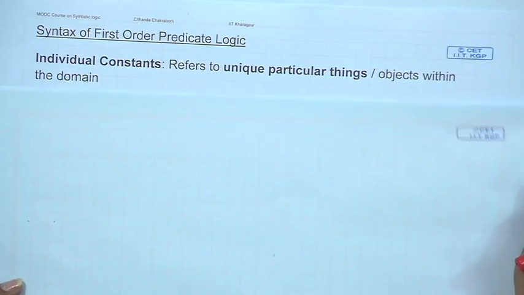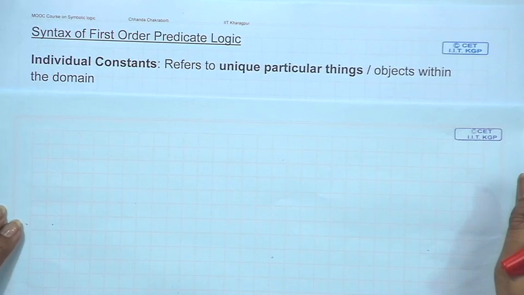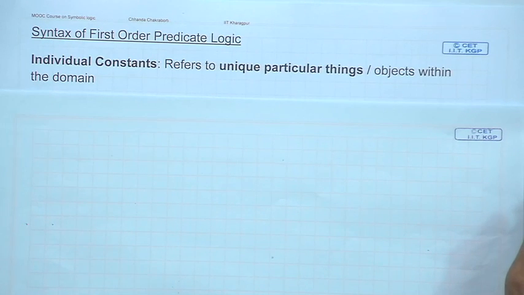First thing in a language is the constants, the names. So, the individual constants for first order predicate logic, they do have a place. Their function is to pick up unique particular objects from the domain.